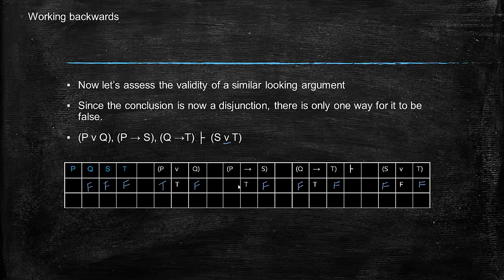But just as we saw in the first example, here, P has to be false, right? P has to be false because the only way that you can make a conditional statement with a false consequent true is by making the antecedent false. So this is no good. This is an inconsistent assignment of truth values.